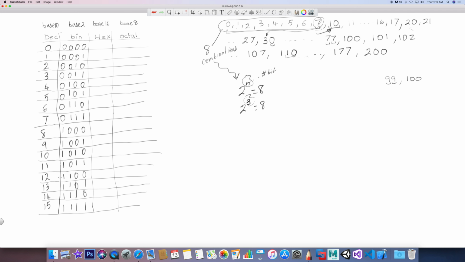So these decimal values have an equivalent binary. We know they also have an equivalent hex. So that would be 0, 1, 2, 3, 4, 5, 6, 7, 8, 9. Now in hex, which is base 16, we want to keep 1 digit until our 16th count, and then beyond that we add another digit.